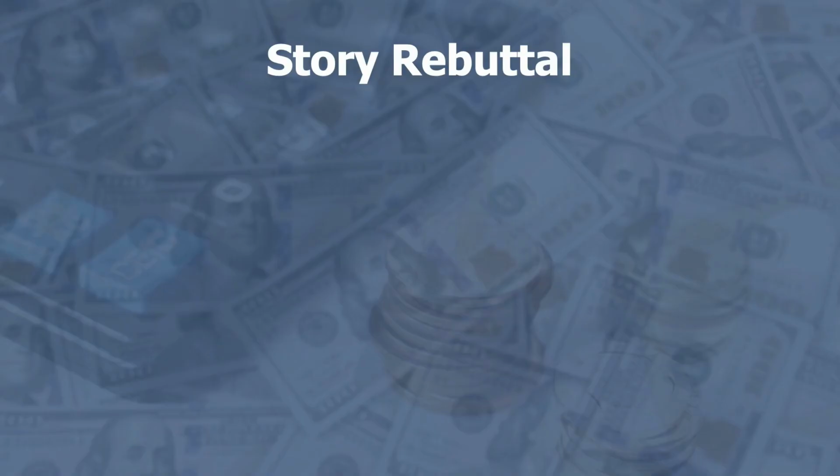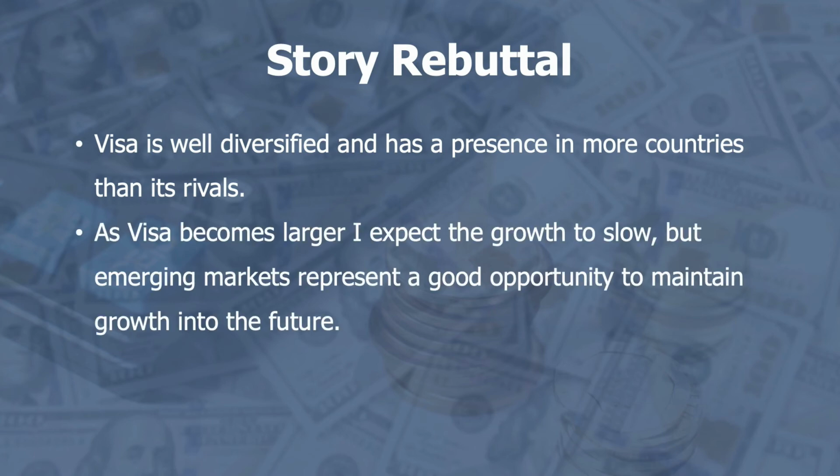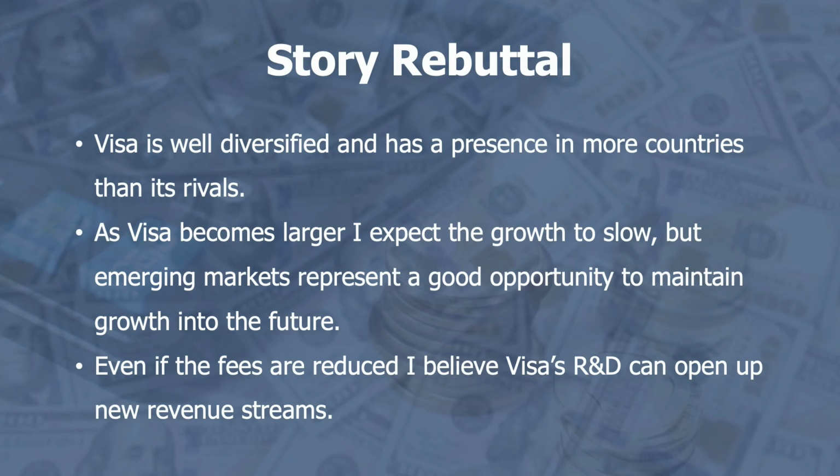Visa is well diversified and has a presence in more countries than its rivals. And as Visa becomes larger, I expect the growth to slow, but the emerging markets represent a good opportunity to maintain growth going forward. And even if the fees get reduced, I still believe that Visa's research and development would be able to open up new revenue streams to compensate for that.